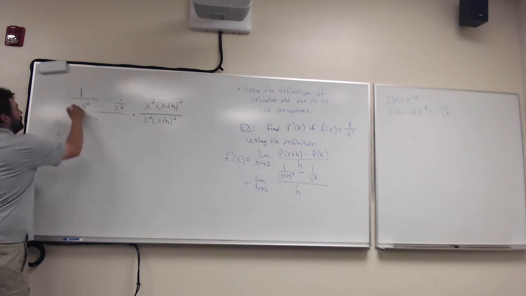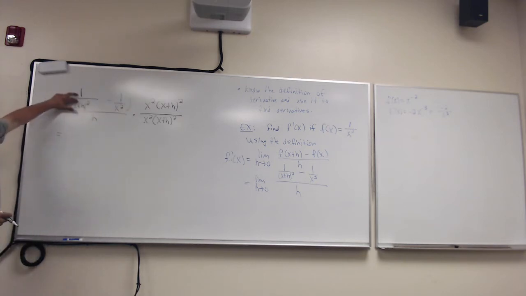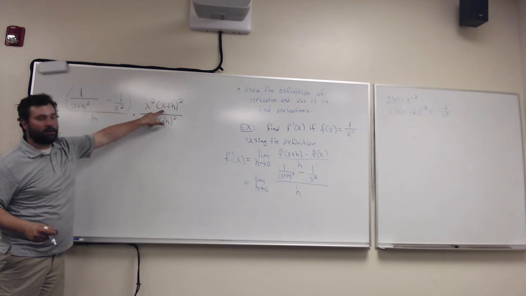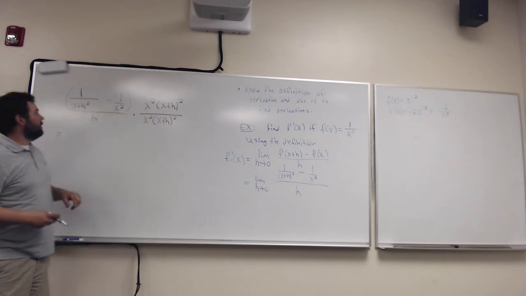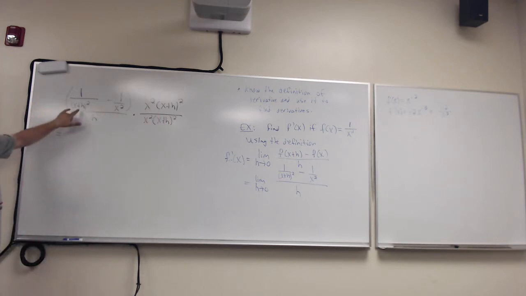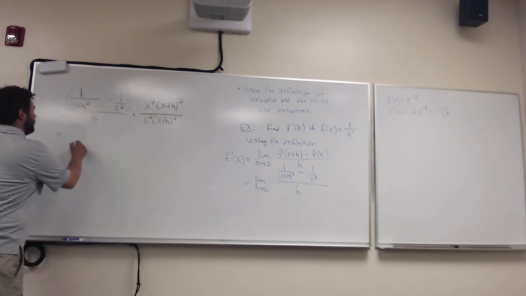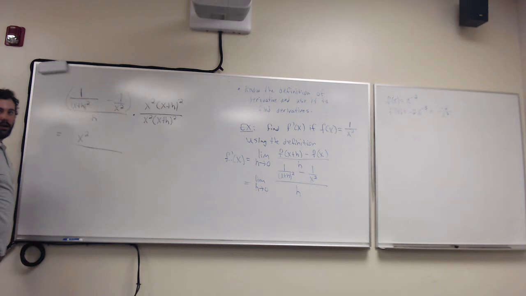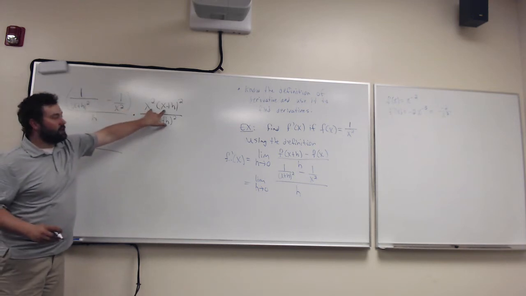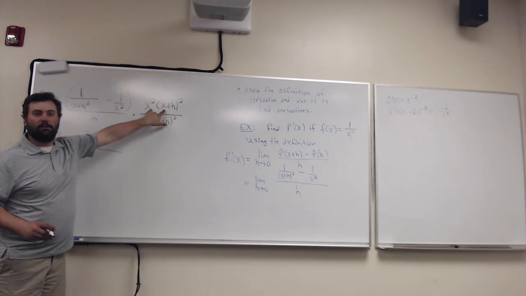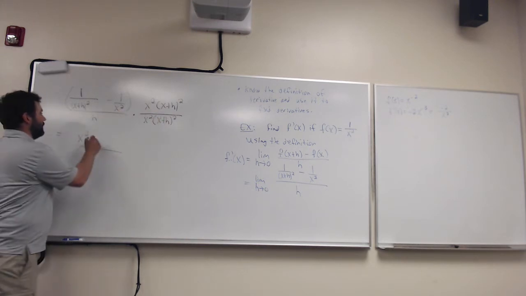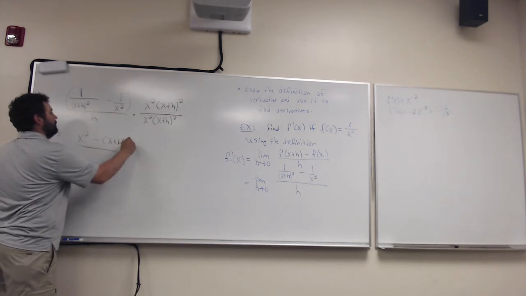Now, this is really in parentheses, so you can take the first term times x squared times x plus h squared. And what's going to cancel if you do that? This denominator will cancel with the x plus h squared. So you're just left with x squared right there. And then what happens if you take 1 over x squared times this? The x squareds will cancel, and you'll get minus x plus h squared.